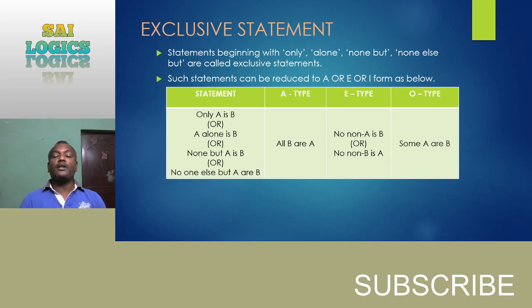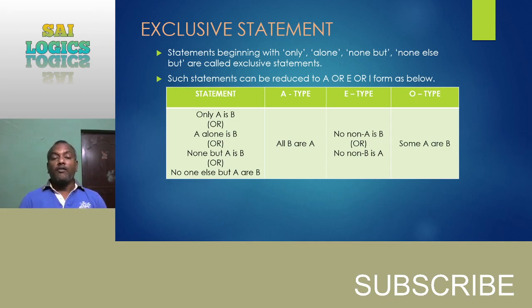No and some not also have a certain relation. Some not is obtained when no statement is reduced. So these are the standard types of statements that will be given from this chapter. If any new type of statement occurs in the examination, we need to reduce the new statements into any of these 4 standard types of statements.